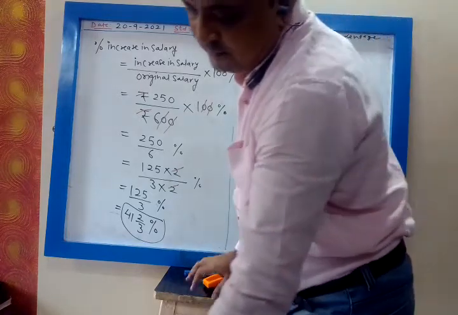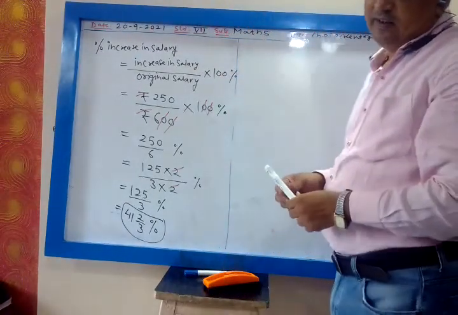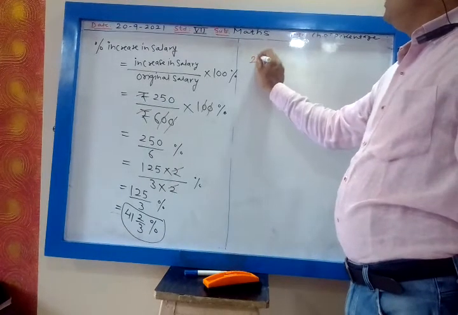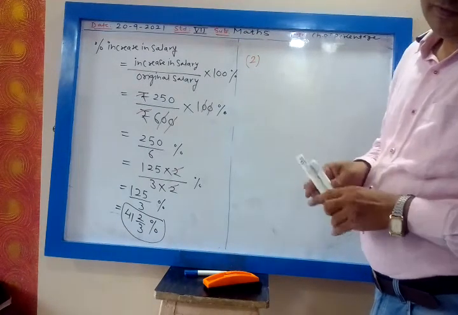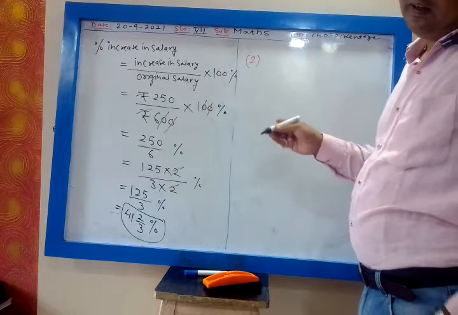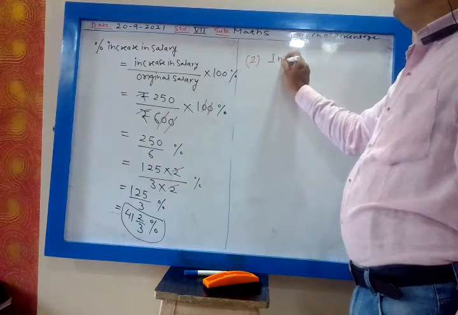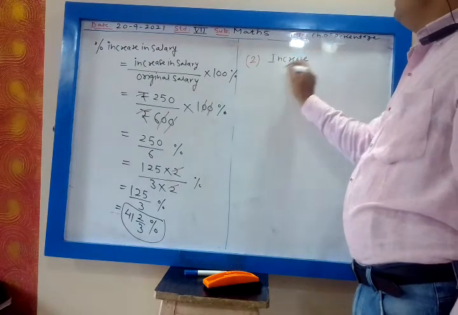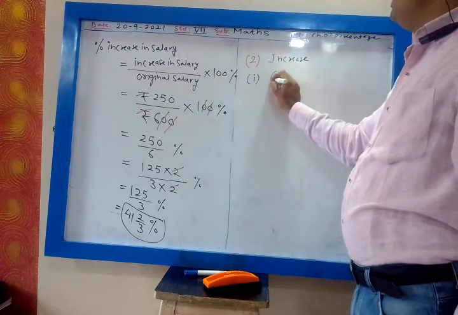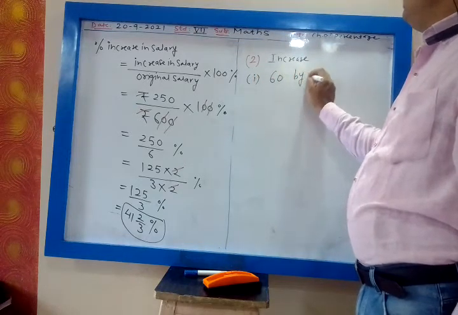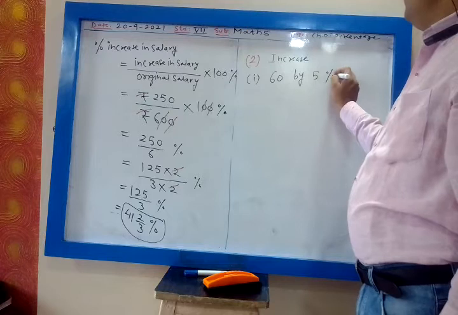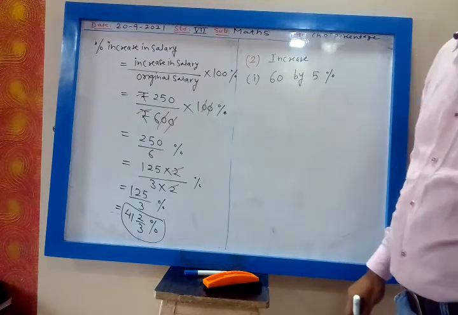Okay. Now let us calculate the second. Increase 60 by 5%. Just now I told you which part you have to increase.